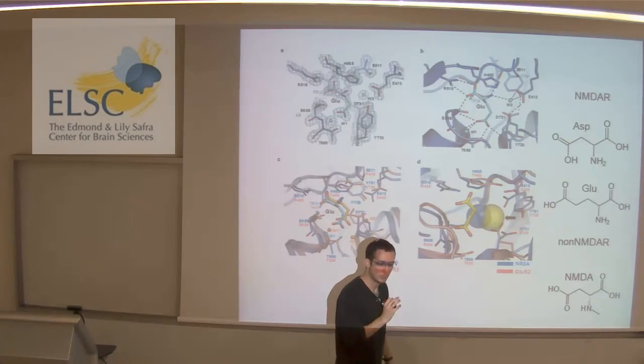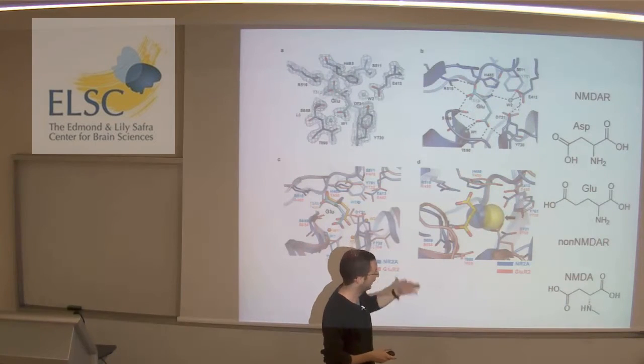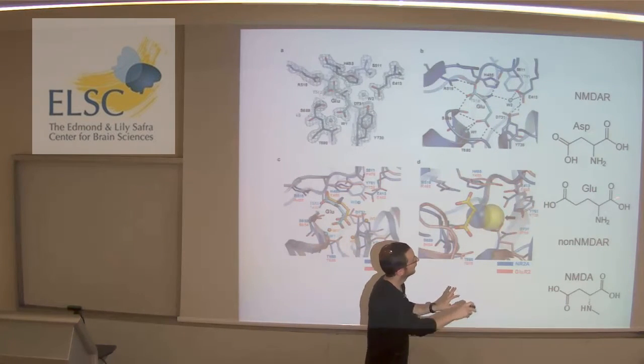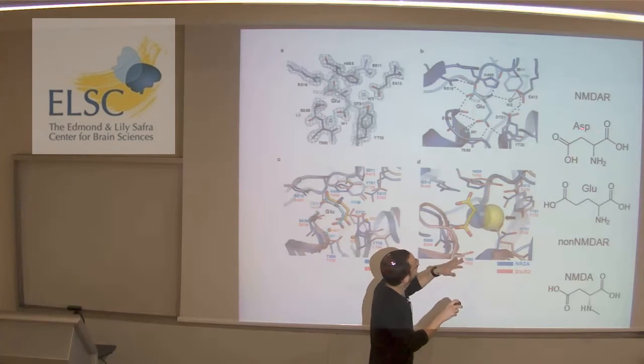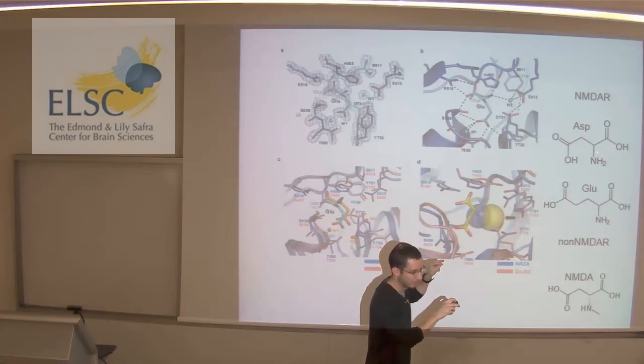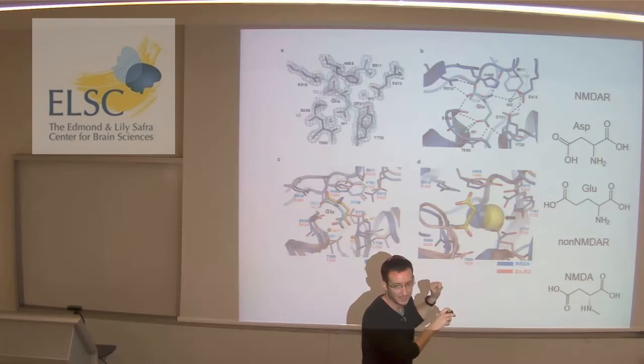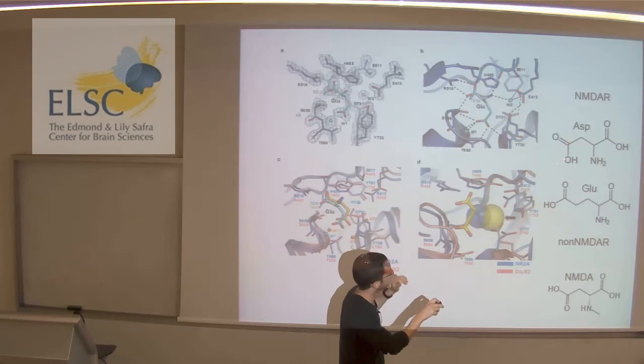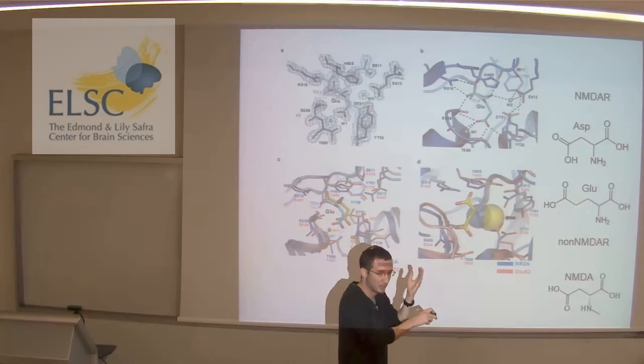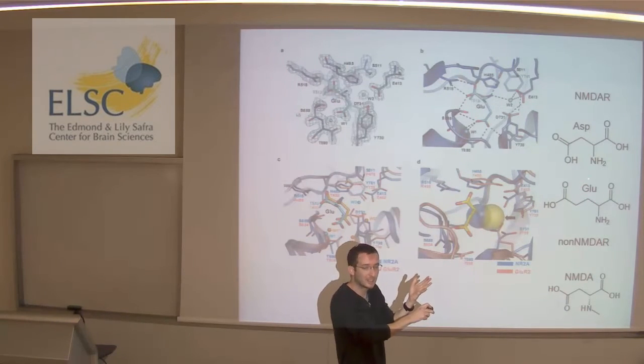Again, this time we'll begin by introducing the players. Aspartate is the amino acid in the NMDA receptor, in its ligand site, in its binding site. It's shorter by one carbon than glutamate, the amino acid in the non-NMDA active site.